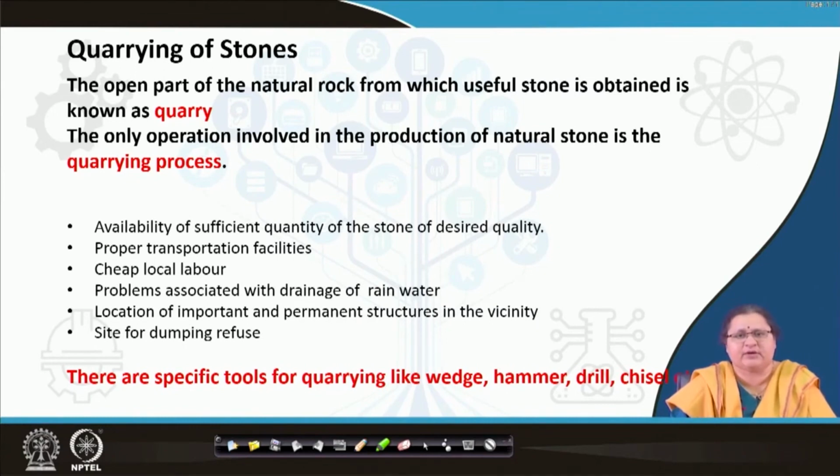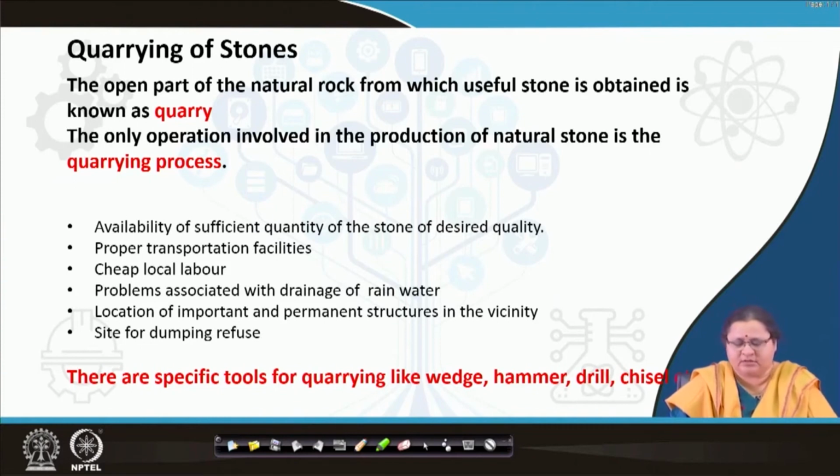As well, you require a lot of heavy machinery to reach there to do the operations. There should be availability of local labor who are trained through experience or through their generations, who can do the work. And if the quarry faces a lot of rainfall, then draining out the water also becomes an issue if it remains accumulated.